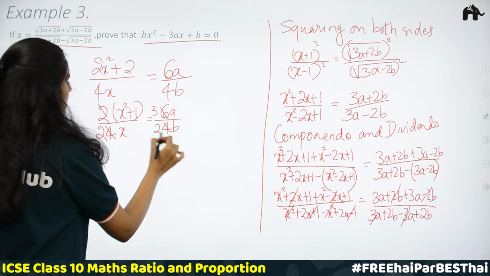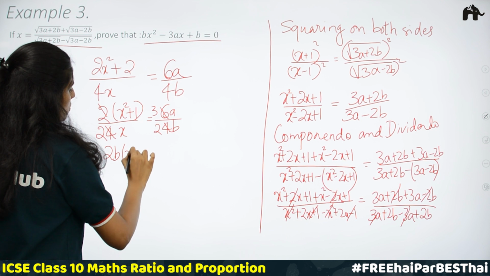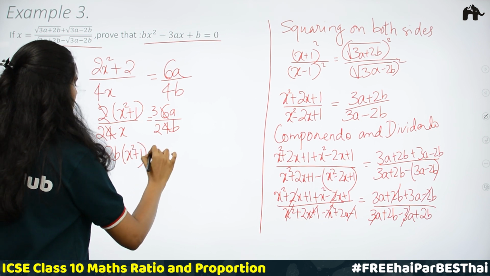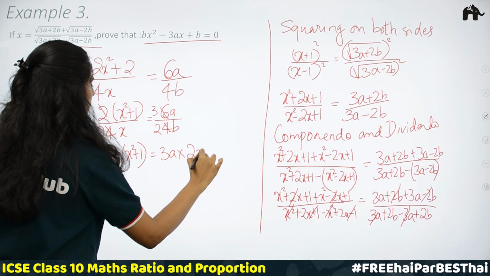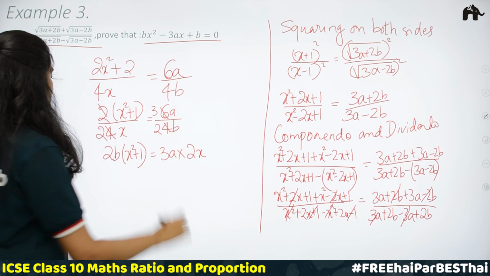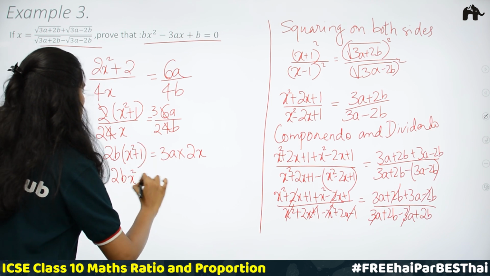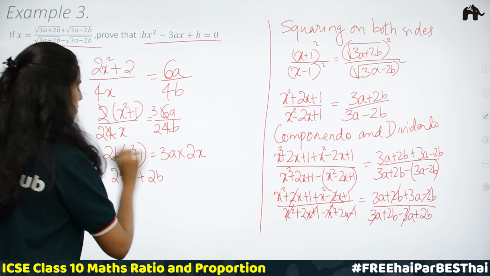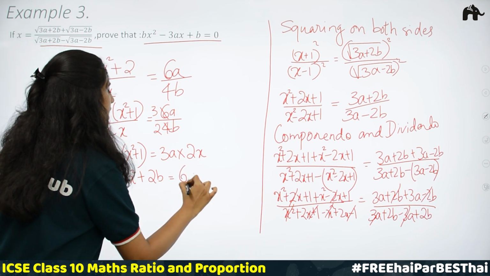Now just rearranging, that is taking this 2b to the opposite side, 2b into (x square plus 1) is equal to 3a into 2x, or we will be getting 2bx square plus 2b, removing brackets and multiplying, is equal to 6ax.